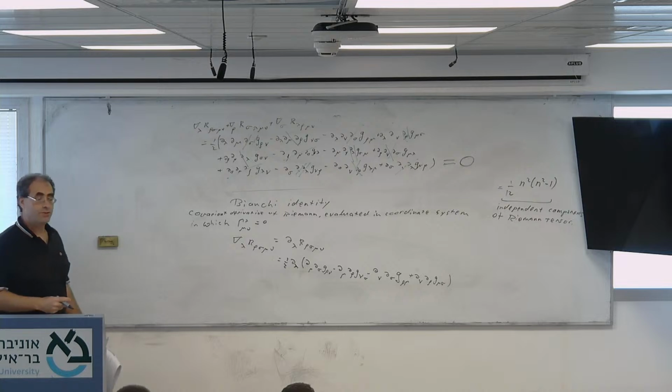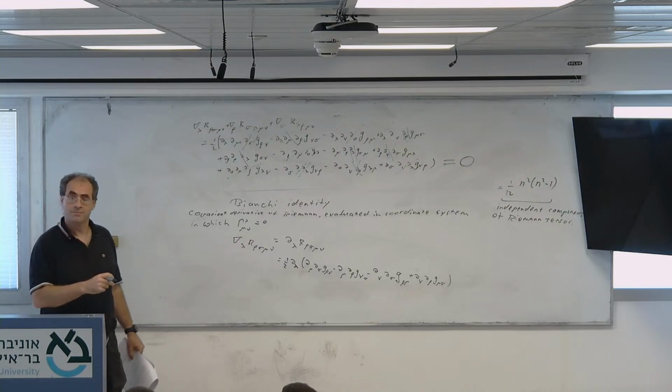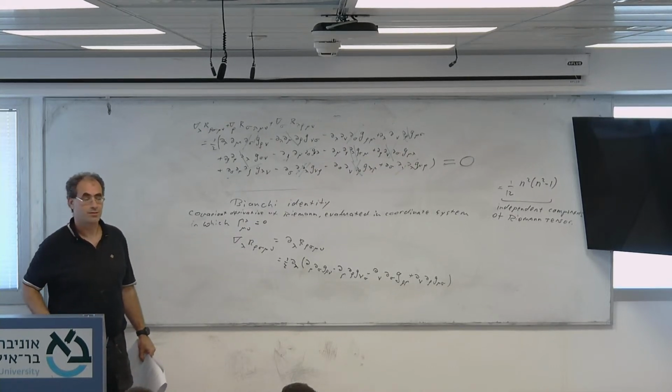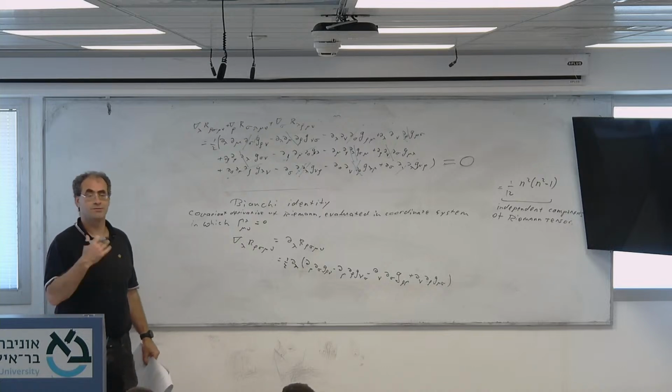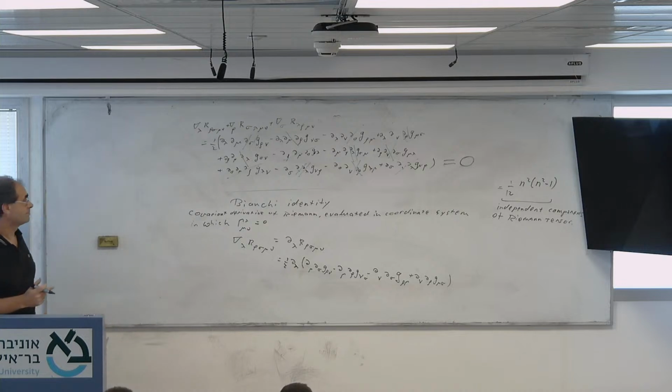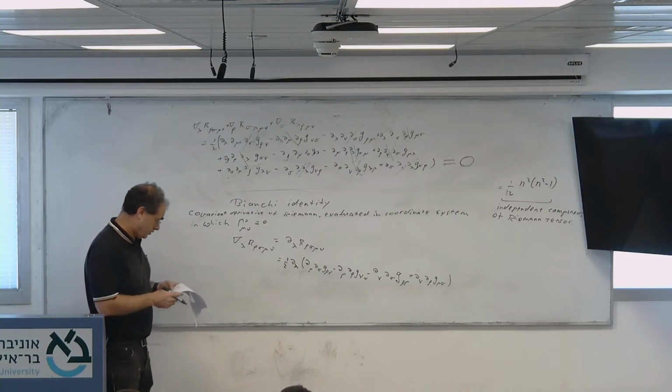Now we derive this equation in a specific coordinate frame, right? But what type of equation is that? It's a tensorial equation. A tensorial equation, if it's true in one frame, it's true in every frame. So it's always true. Okay?